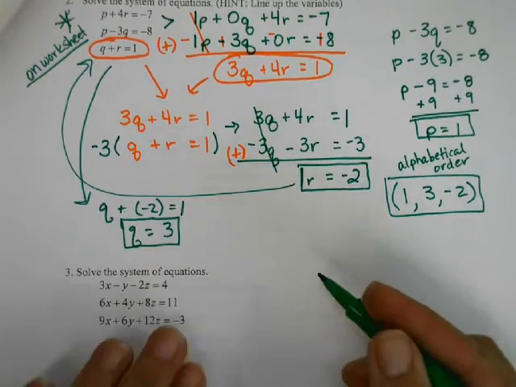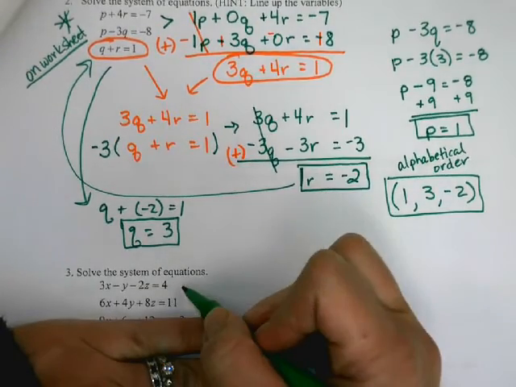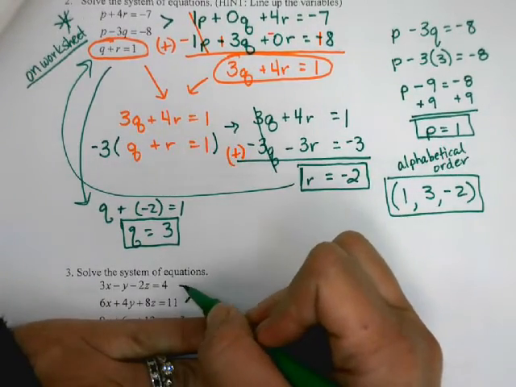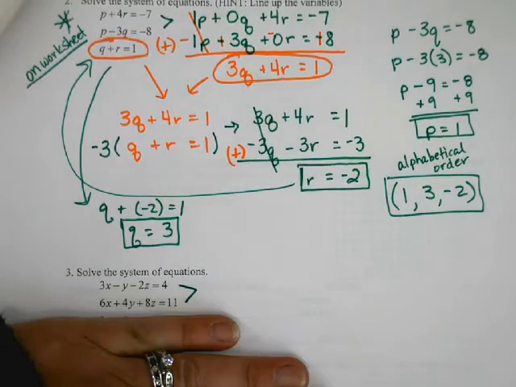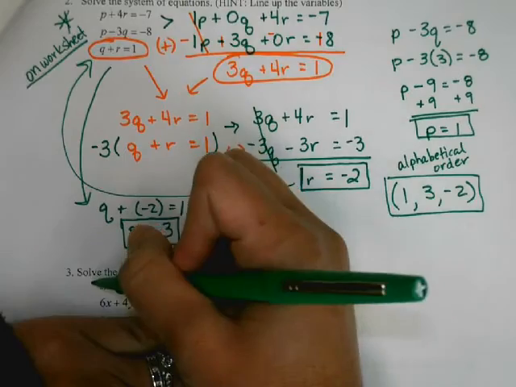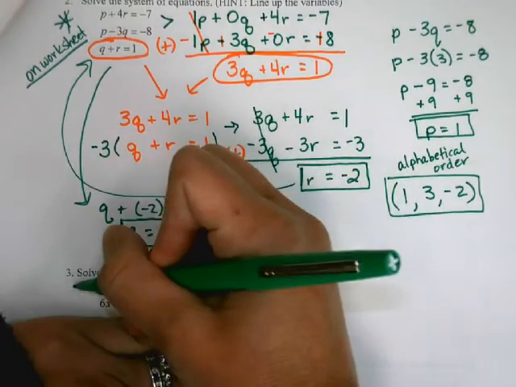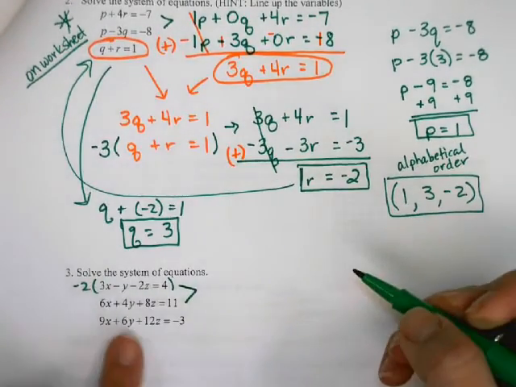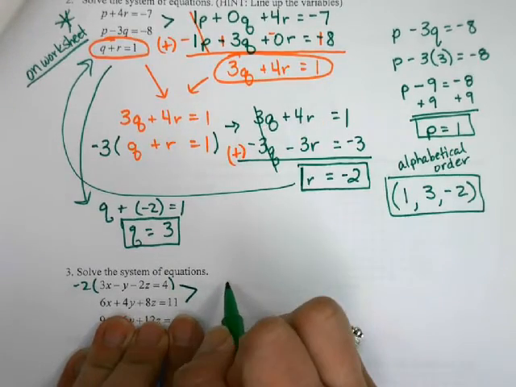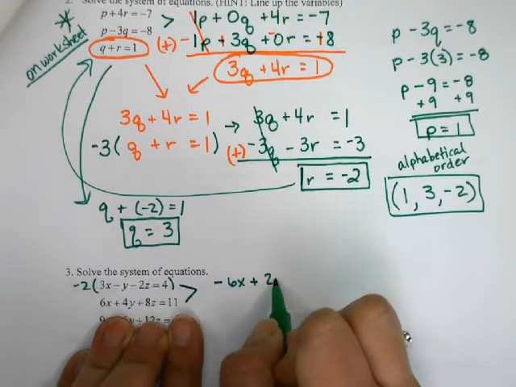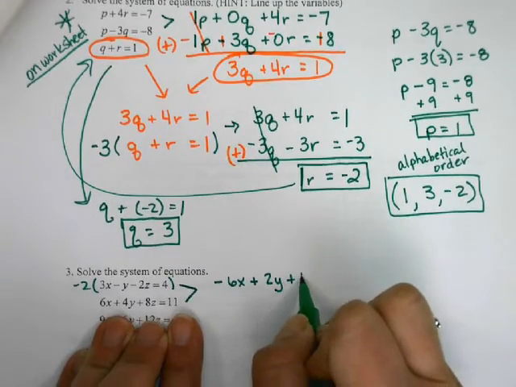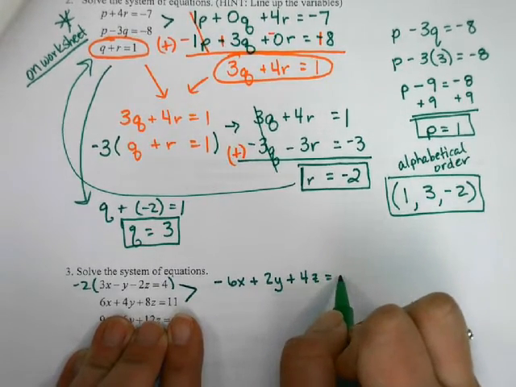Okay, so if I work with the top two, what should I do? Multiply the top one by 2. Okay, let's do it. And I'm going to do a negative 2 so that I can add them. So I get negative 6x plus 2y plus 4z is equal to a negative 8.